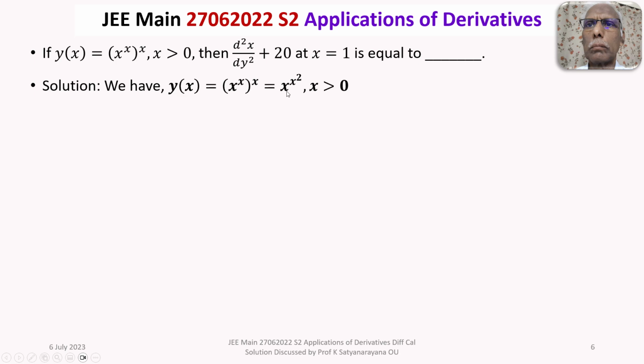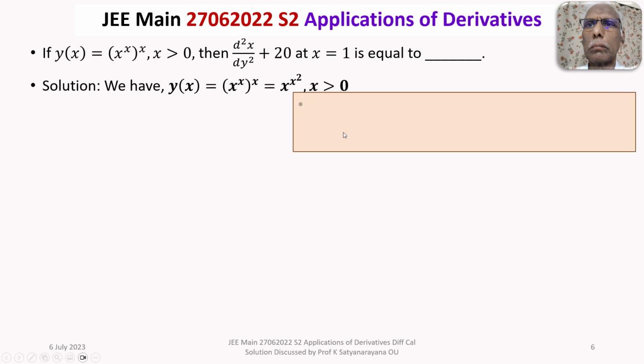Normally we find its first derivative and second derivative, that is d square y by dx square. But we want d square x by dy square. So what is the relationship between the second derivative of y with respect to x and the second derivative of x with respect to y?